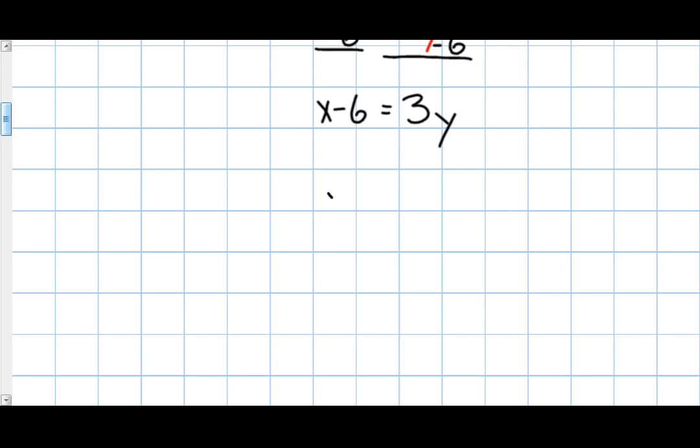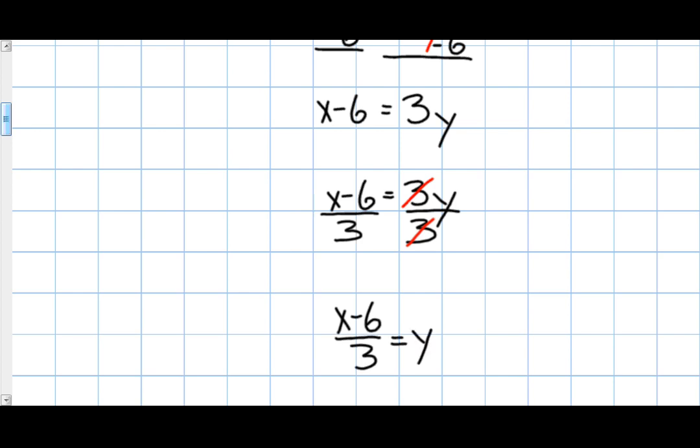Now, if I want to get y by itself, I have to do the opposite of multiplying it by 3, which is dividing it by 3. The 3's are going to cancel out. So I've got x minus 6 over 3 equals y.